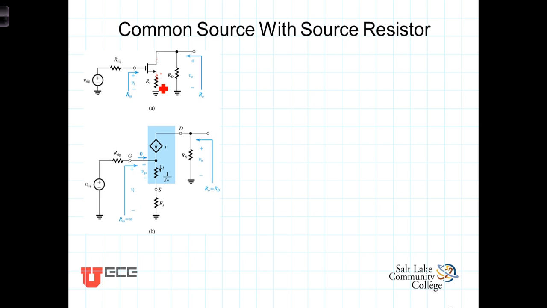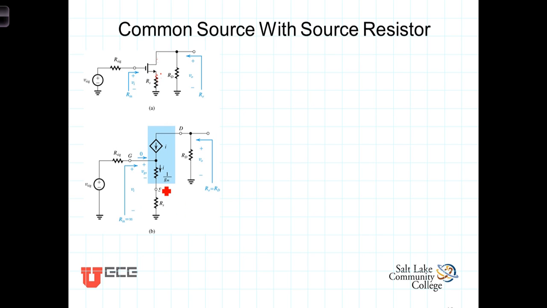Thus this R sub S is useful. One of the reasons R sub S is useful is it provides that negative feedback to stabilize the biasing configuration, or the biasing state. Next, notice that when we replace the transistor with a small signal model, we're using the T model rather than the hybrid pi.